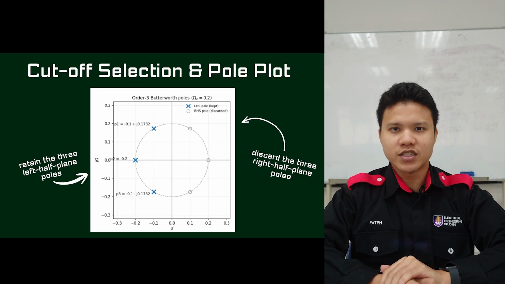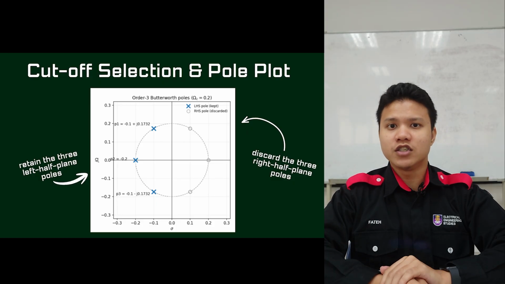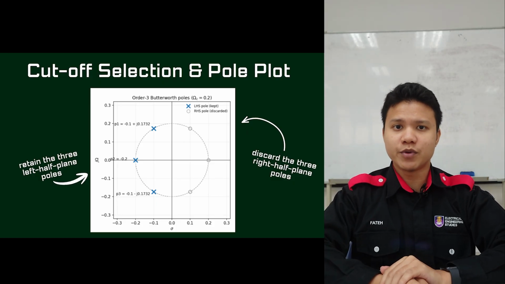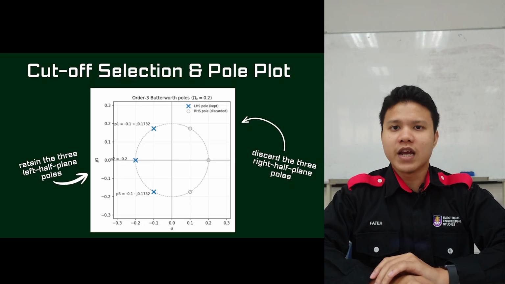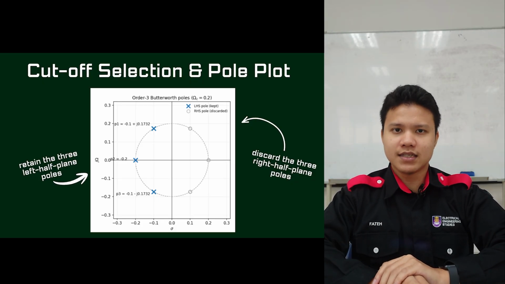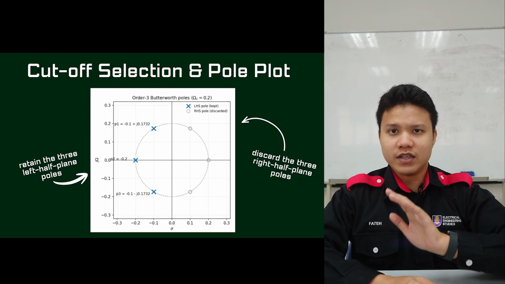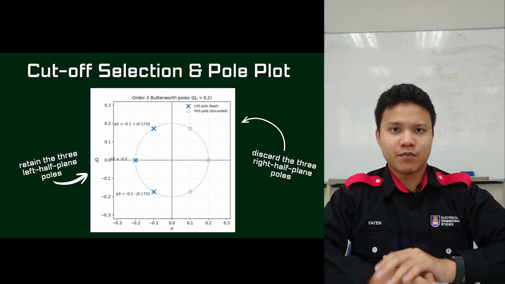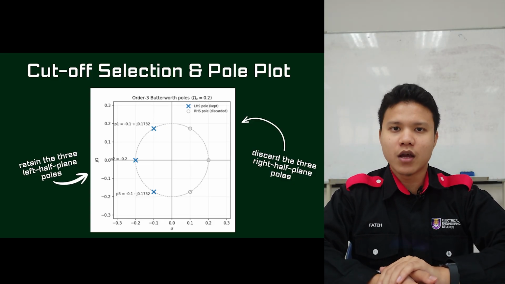Looking at the pole zero map in Figure 2, a third-order Butterworth filter generates 6 poles distributed evenly across an analog circle. To guarantee a stable and causal system, we discard the 3 right-half plane poles and strictly retain the 3 left-half plane poles P1, P2, and P3.